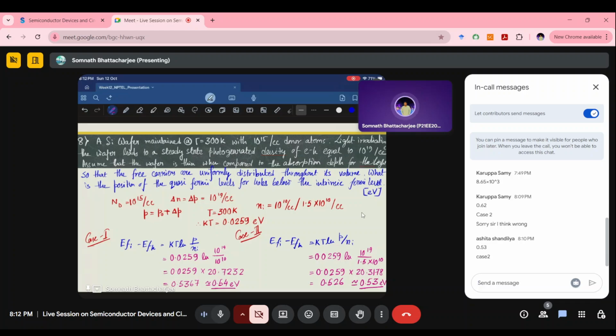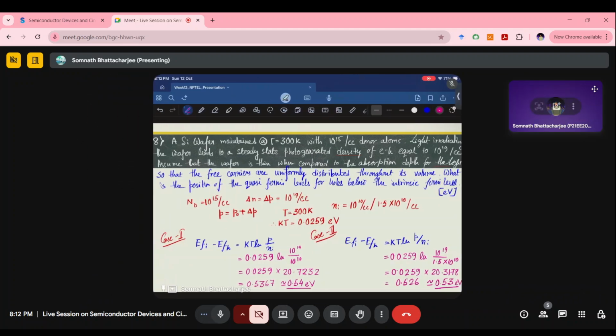Anyways, the generated electron or hole is 10 to the power 19, and adding something with that value is normally like this. This is essentially del P, because del P is 10 to the power 19 and there is a 9 order difference between both the terms. So anyways, P is nothing but equal to del P. These are the two values I am getting. I'm not sure why the range was 0.3 to 0.6, because everything is coming out to be in the 0.5 to 0.6 range.